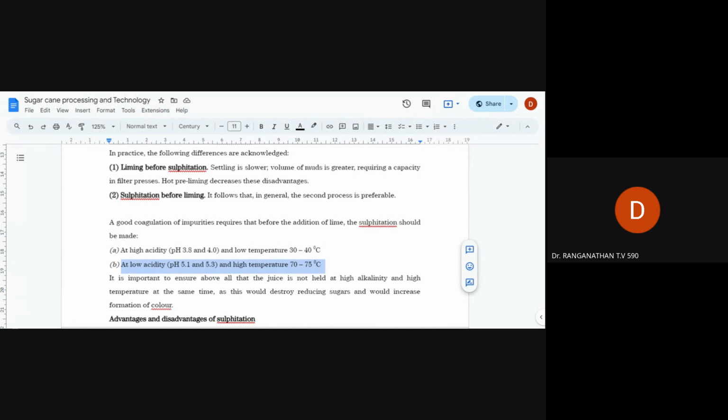Okay. So this is not desirable when you have a higher pH for a longer period of time under alkaline conditions. To prevent this, it's better that I go down and then adjust the pH, because normally, as I told you, in the case of liming I go to a pH above 8 by adding calcium hydroxide, and then decrease the pH by addition of sulfur dioxide to around 6.